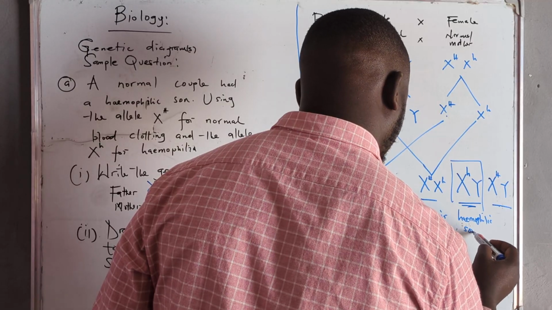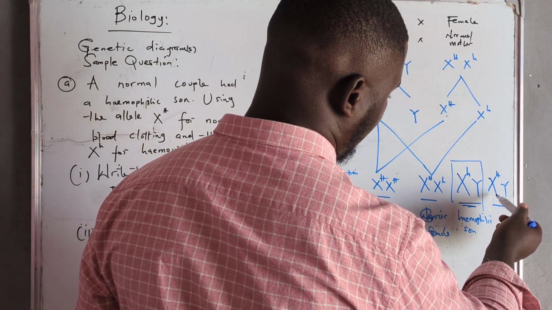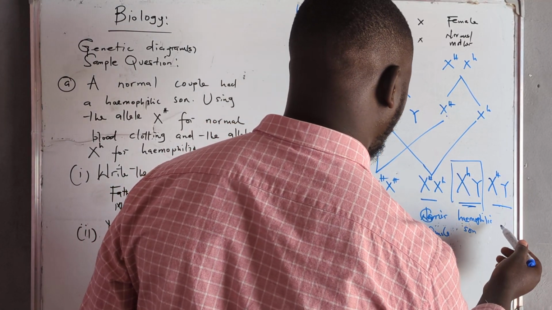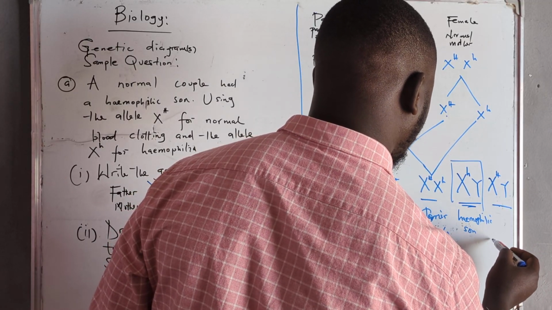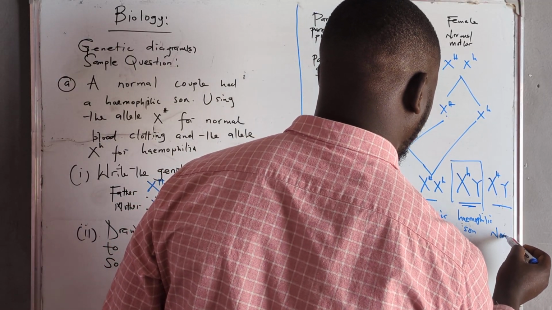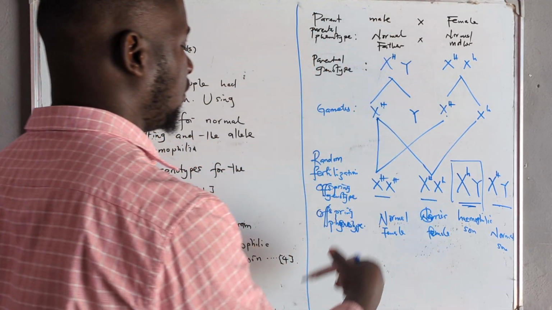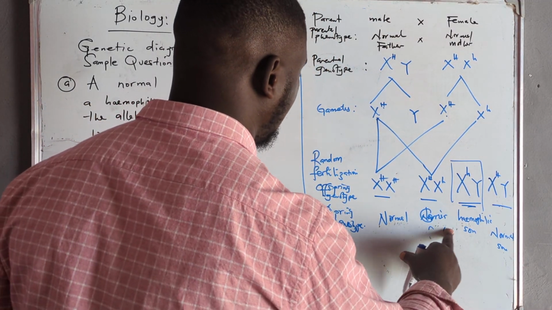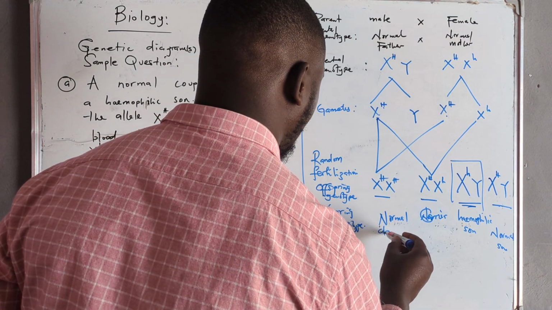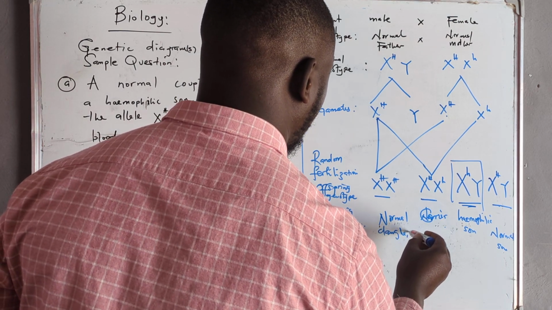Hemophilic son, and this one is normal son or normal male. These are daughters. So they're females. You can say normal daughter, carrier daughter.